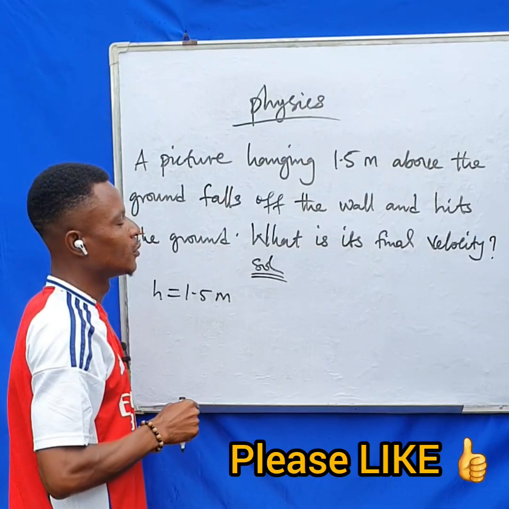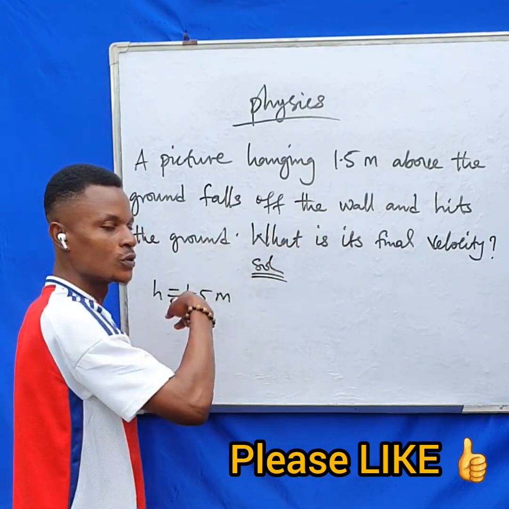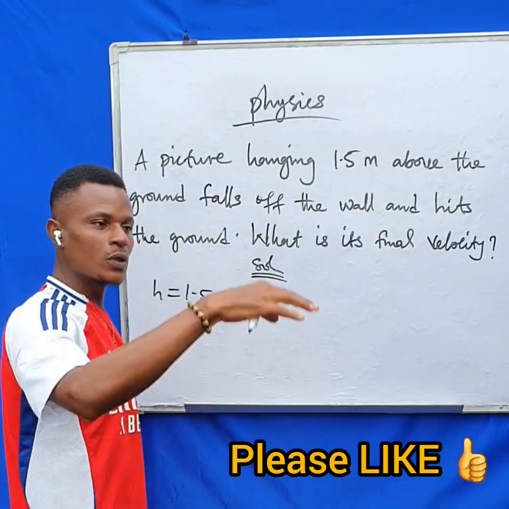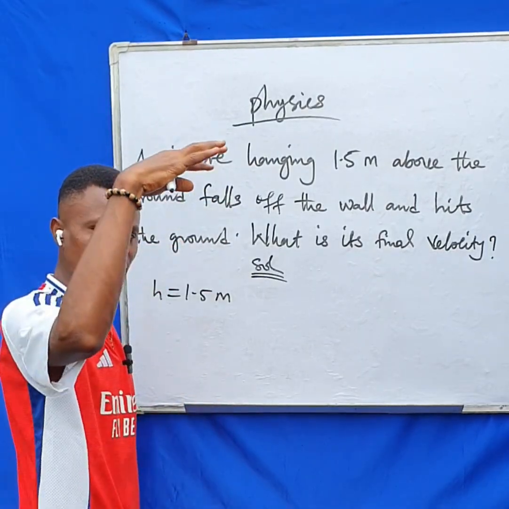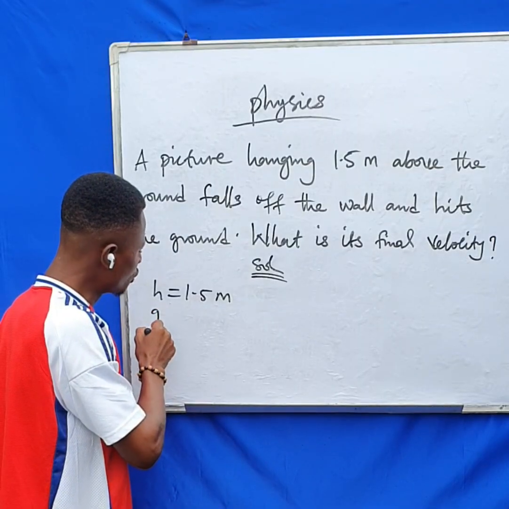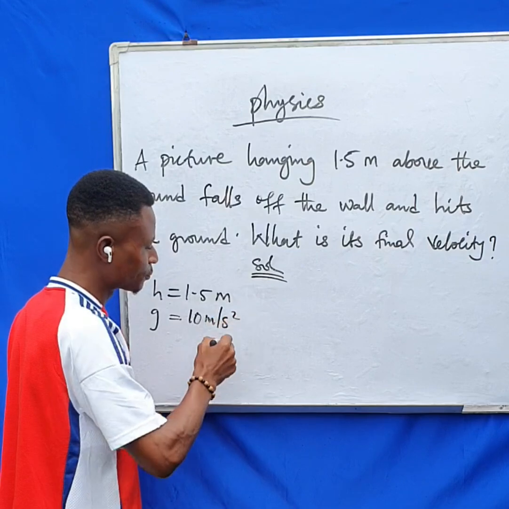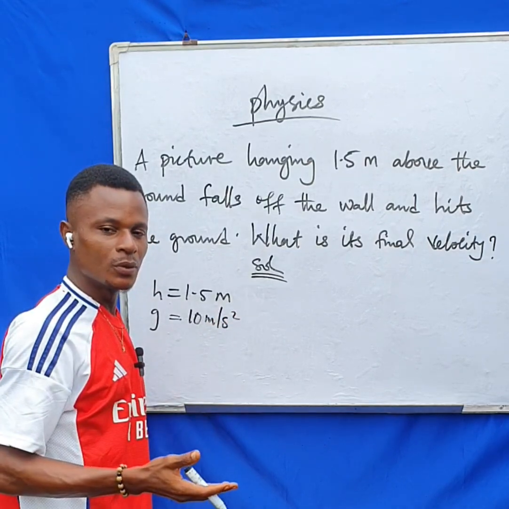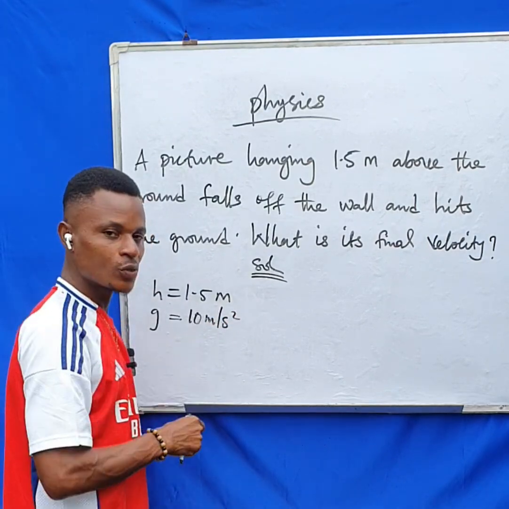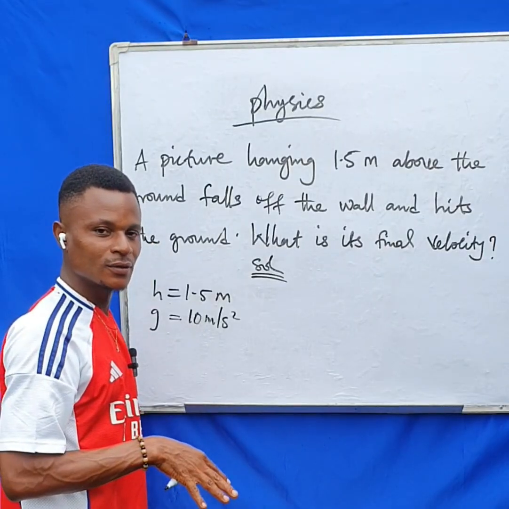You understand? From the question, we are told that the picture falls off the wall and hits the ground. For something to fall down, that means it must have been acted upon by force of gravity. So we are going to include force of gravity g equal to 10 meters per second squared. I know some people may be wondering, how did I get 10 meters per second squared? This value is constant for force of gravity on Earth.